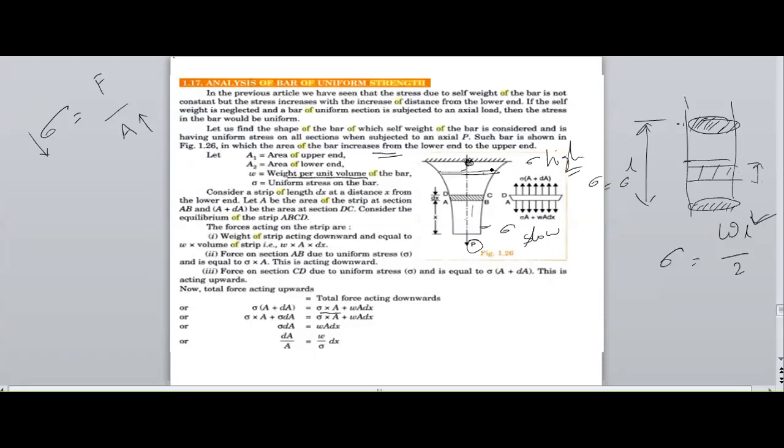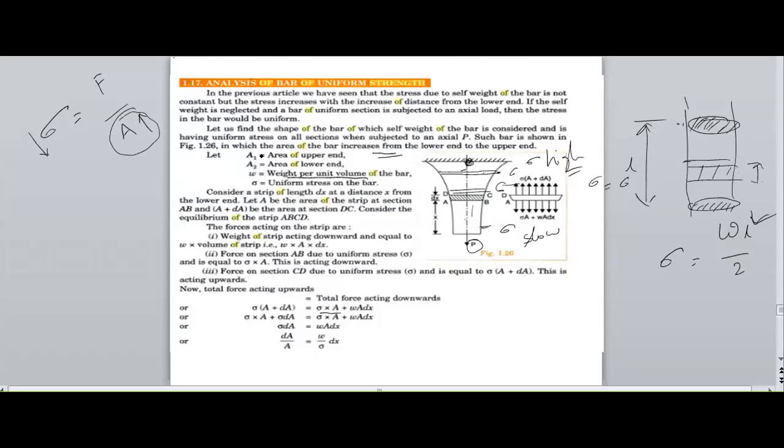So if I consider the stress at this region, it is equal, and if I consider the stress in this region, it also needs to be equal. If I consider the stress at the lower region, it also needs to be equal. So we can achieve this by increasing the area at the fixed end.